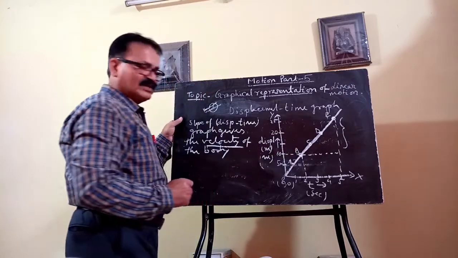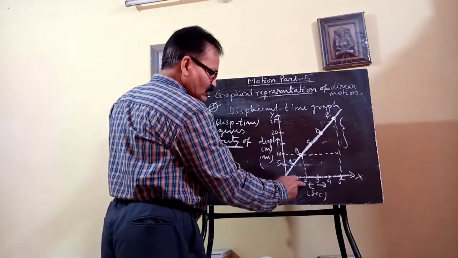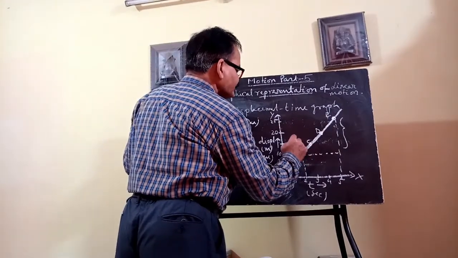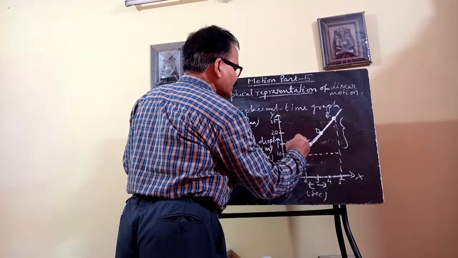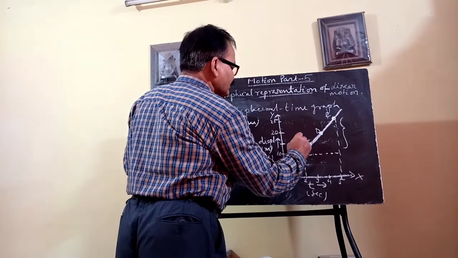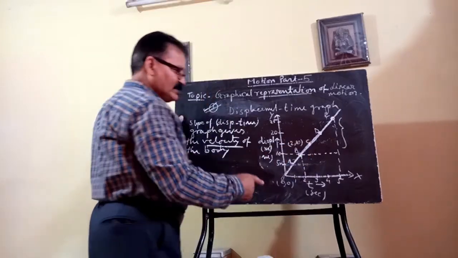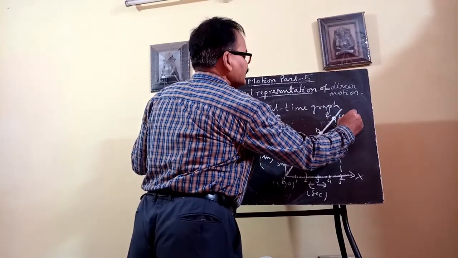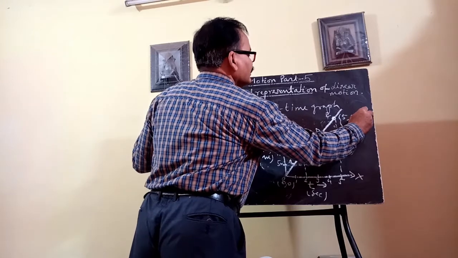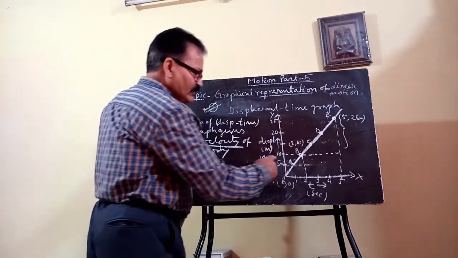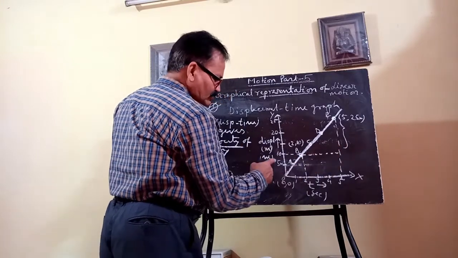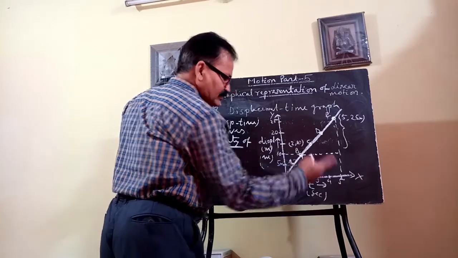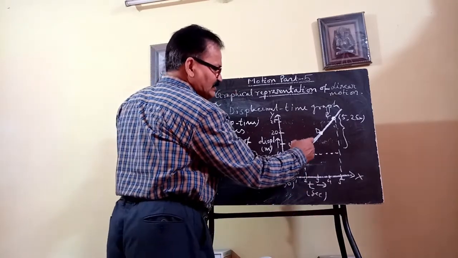So the point B has the coordinate 2 second, 10 meter, and the coordinate of your E is 5 second along the x-axis and 25 meter along the y-axis. Now you can name the points, because here the points are A, B, C, D and E.